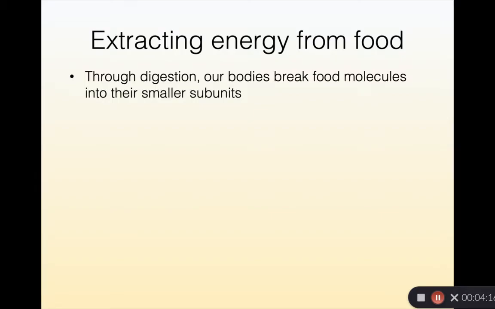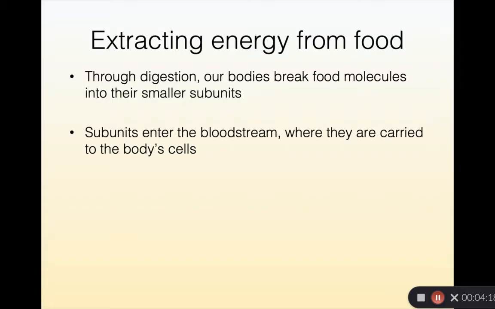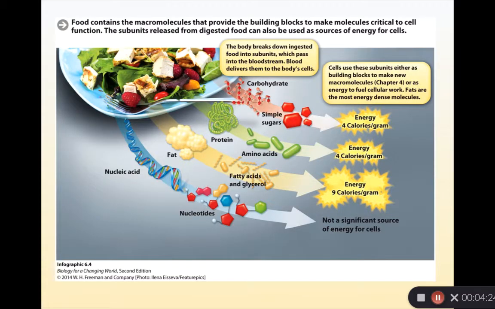Those subunits then enter the bloodstream, where they are carried to the body's cells. So we started with our food, which is broken down into carbohydrates, proteins, fats, and nucleic acids, which the body processes into smaller units that can be carried to different areas through the bloodstream.